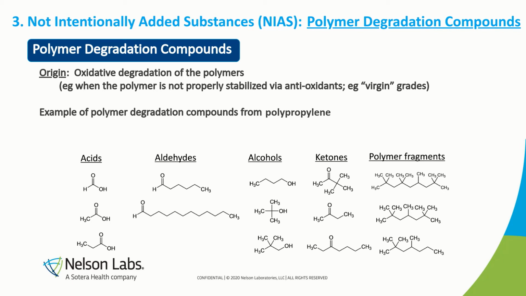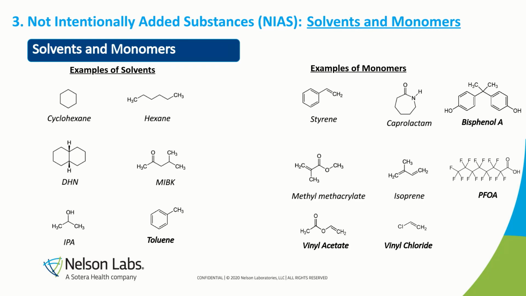They will be more pronounced in virgin resins that are, for instance, often used in blow-fill-seal applications than in polymers that are stabilized with antioxidants. Solvents and monomers: of course, during the polymerization, you use a solvent, and that can lead to traces of solvent residues. I've displayed some of the typical examples that you see: cyclohexane, hexane, decahydronaphthalene, and so on.